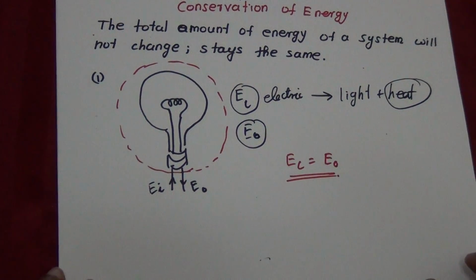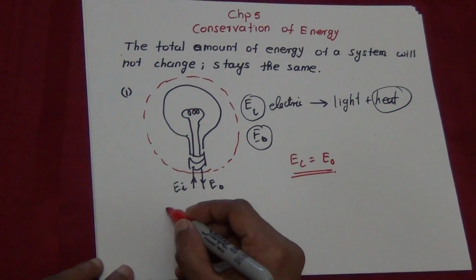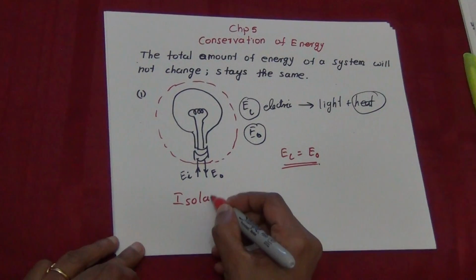Now let us define a system called an isolated system.